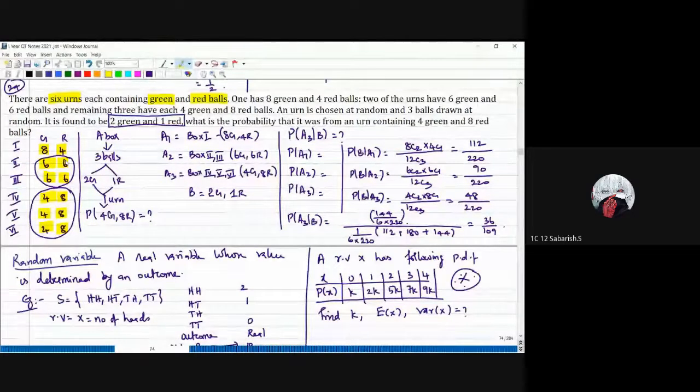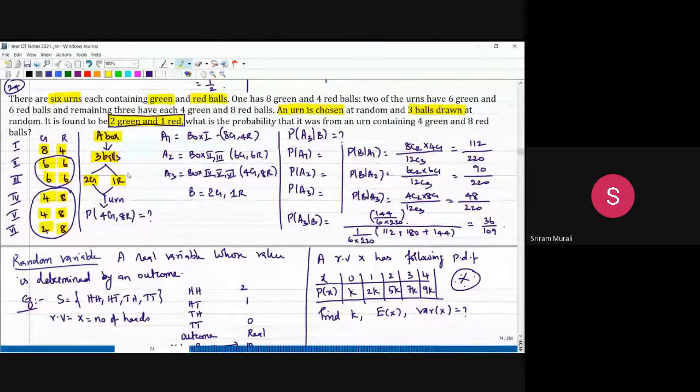Yes, sir. Now a box is taken, and 3 balls are drawn at random. What he says is, it is found to be 2 red and 1 green.